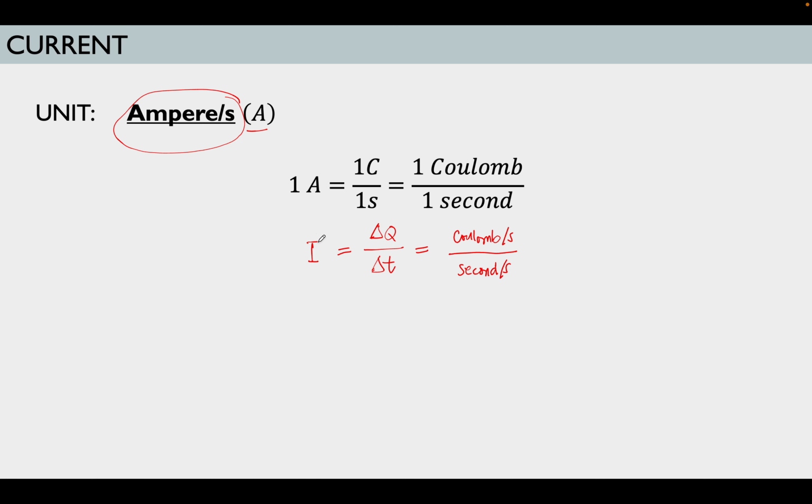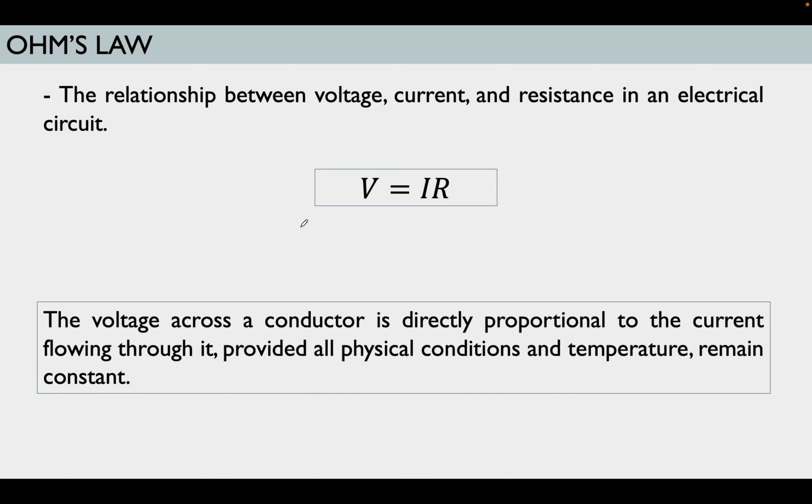Now let's have the relationship between the current, the voltage, as well as the resistance, which we call Ohm's law. Ohm's law is the relationship between the voltage, the current, and the resistance in an electrical circuit.